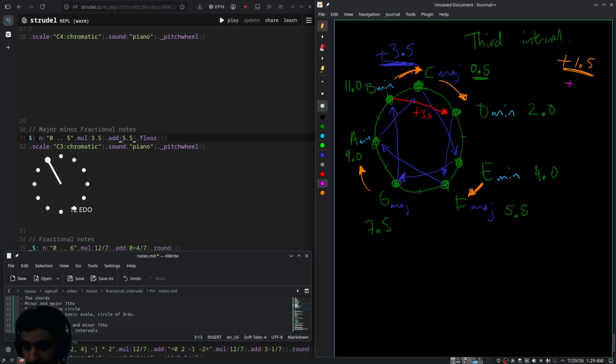And we also have plus 2.0, which is rather common. For example, going from D to E, or going from A to B.